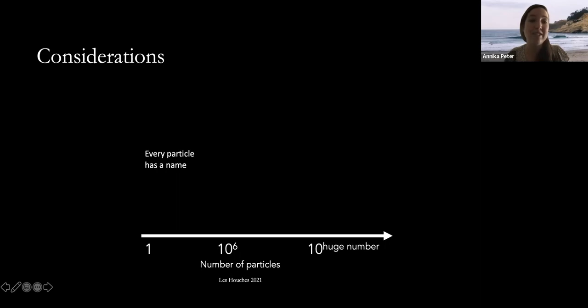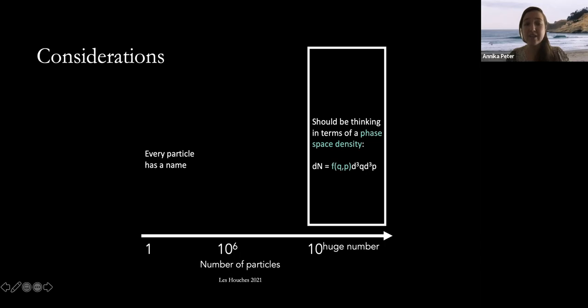So in planetary systems, every planet has a name. Even if you go to extrasolar planets, you could give each particle a name, and it's meaningful, and you care about what happens to every individual planet or star or moon in your system.